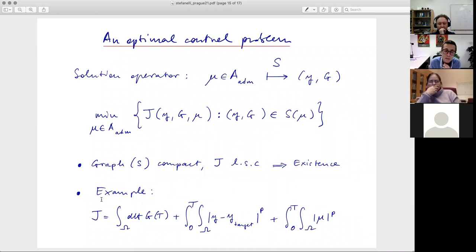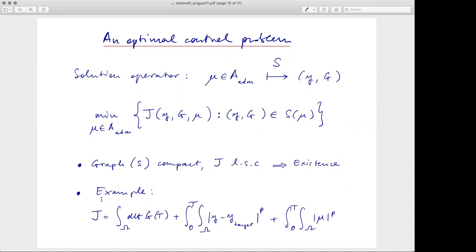So to minimize this would be to minimize the volume of the cancer at final time. Or you could say that another way to prescribe how big this structure would be is to minimize the distance of the deformation with respect to a target one. This is also a possibility, and this is given by the second term.